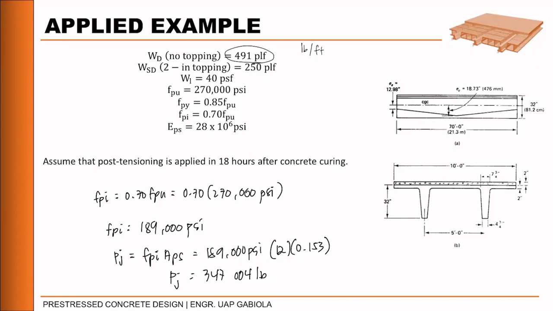Pero sabi natin, ang initial pre-stressing natin, dapat siya is minus 10%. So 0.9 lang nung jacking force natin. So 0.9 times 347,004 pounds. Yun yung value ng ating PI. So 312,303.6 pounds. Okay? So ito yung gagamitin natin dito sa problem na to.